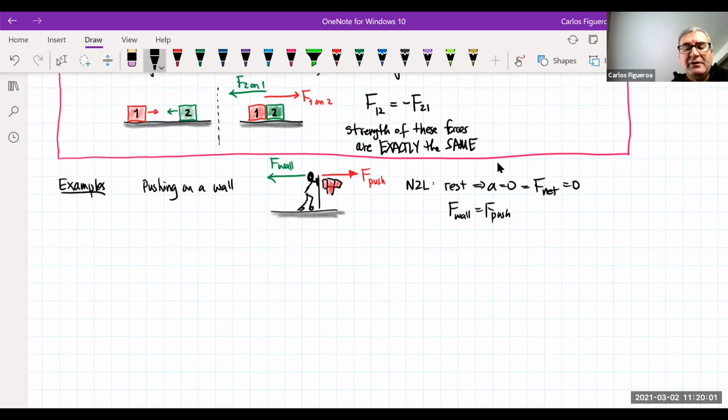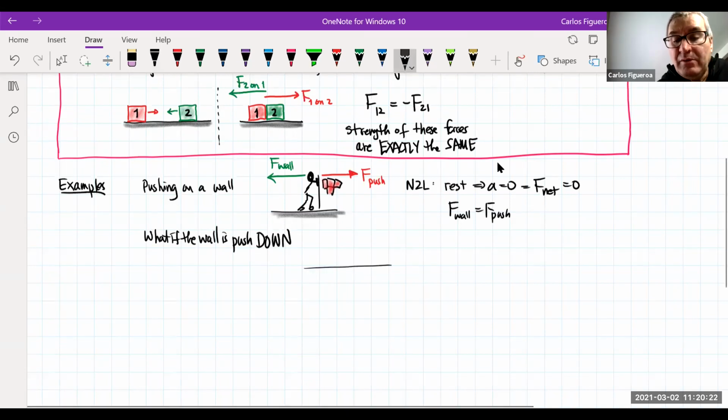But wait a minute. What if the wall is pushed down? What if this person was so strong that when you look at the pushing now, right?